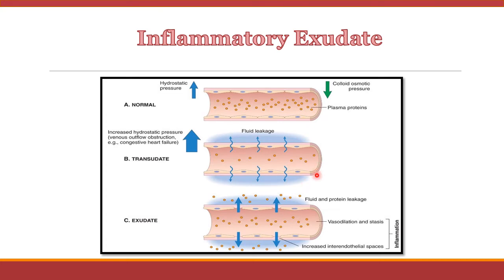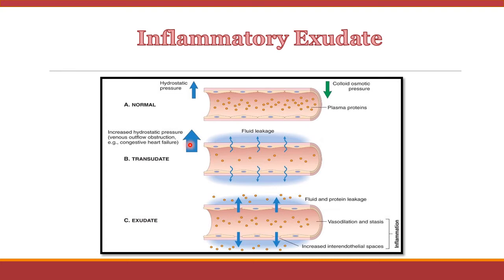If there is venous obstruction, like in cases of heart failure or any other mechanical obstruction of the veins, the blood will accumulate in the vessels backward, and this increased blood will have more hydrostatic pressure, and this will lead to losing more fluid outside. But because the endothelial cells are very tightly adherent to each other, this will not allow movement of anything other than fluid only. And in this case, this fluid will be called transudate. So this is a case where we have increased hydrostatic pressure only.